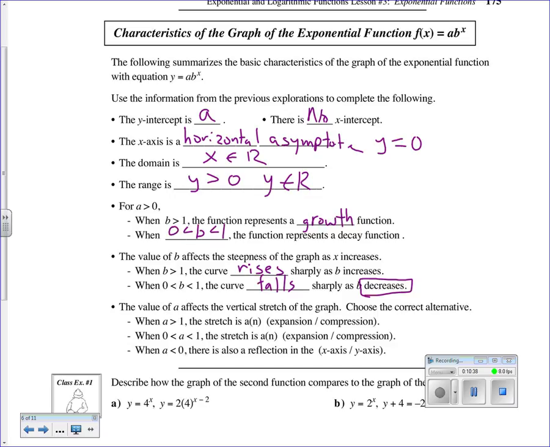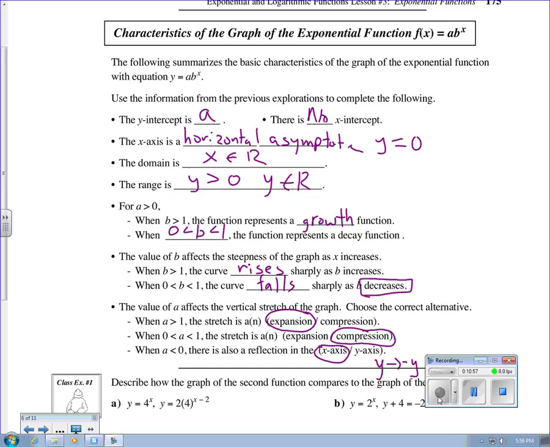When a is greater than 0, we actually have expansion, and then we've got the notion of compression, which is still talking about a stretch, but it's actually a reduction in size when a is between 0 and 1. And when a is less than 0, there is also a reflection in what axis? So that's the reflection in the x-axis where y becomes negative y. So a little bit of graphing discussion and then one example, and we're done this lesson as well.